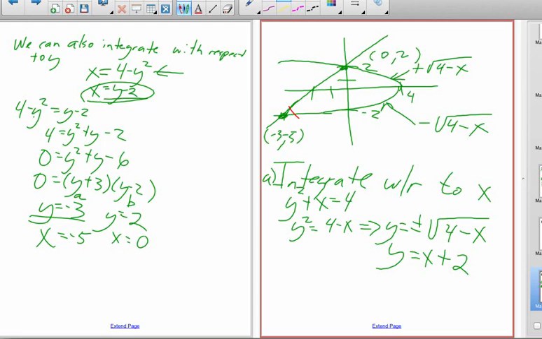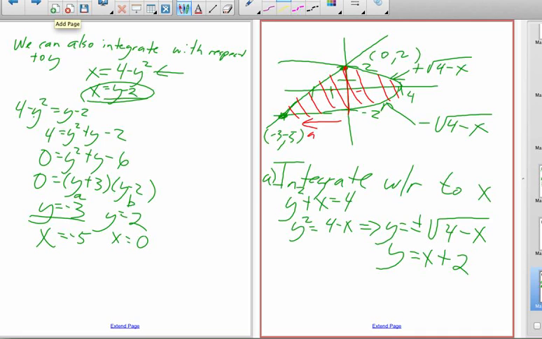Let's take a look at our area. And you'll notice this is really funky, because I actually have two areas. Up until this point, over here, all right, and this is the area we're after right here, colored in red.